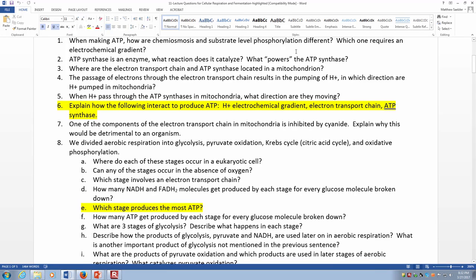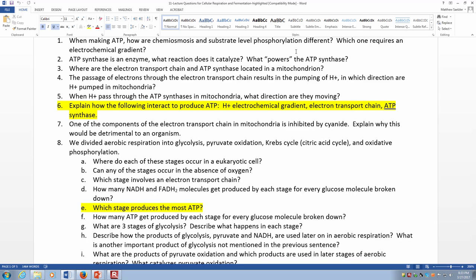Okay, so let's do this first one. Basically I want you to explain how the following interact to produce ATP. Explain the relationship between a hydrogen ion electrochemical gradient, the electron transport chain, and ATP synthase. The electron transport chain produces the electrochemical gradient, which in turn fuels the ATP synthase.